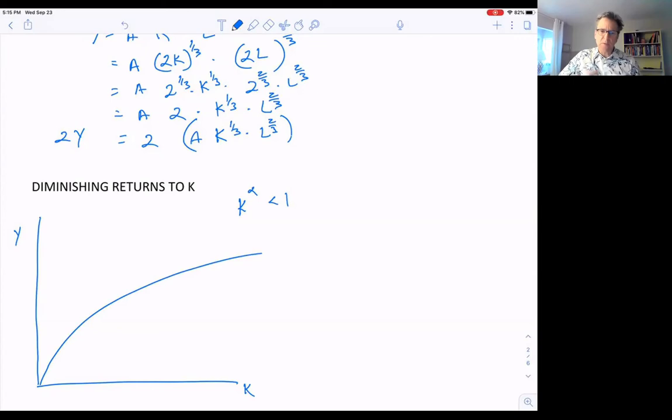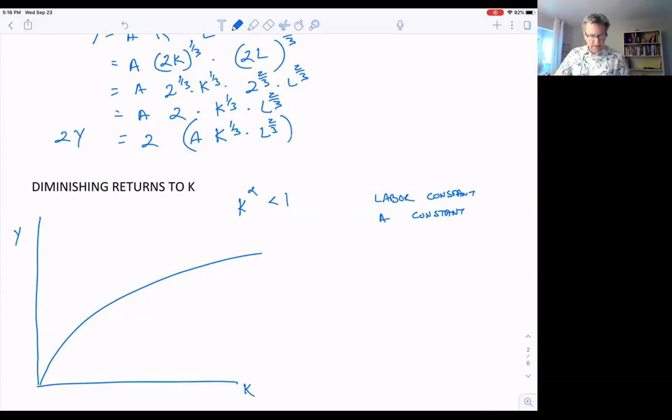It gives us the shape we want for diminishing returns, which means that as we add capital, holding everything else constant, we hold labor constant, we hold A constant, total factor productivity, and we just change K, output will increase, but by a decreasing rate. There'll be diminishing returns to capital.